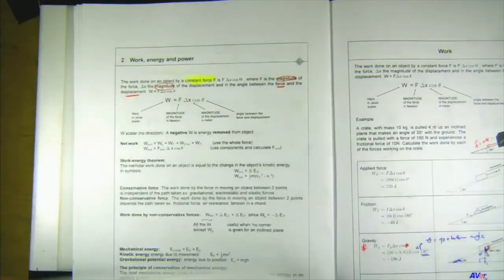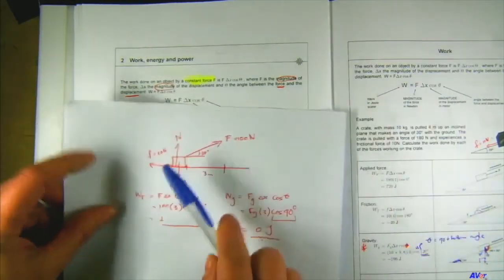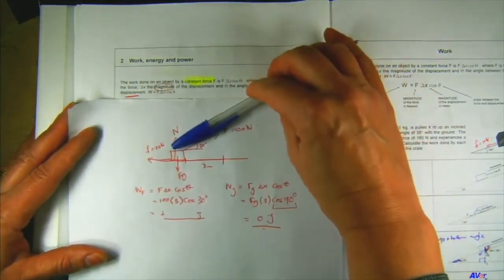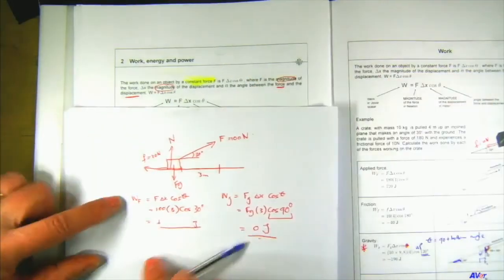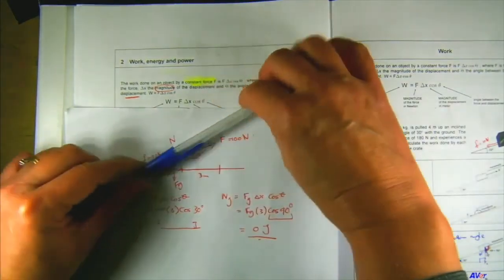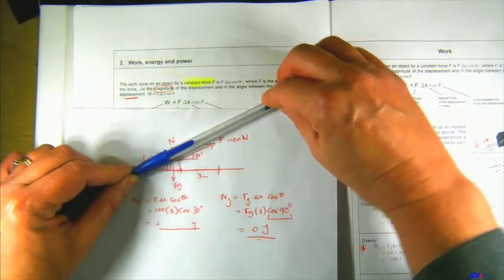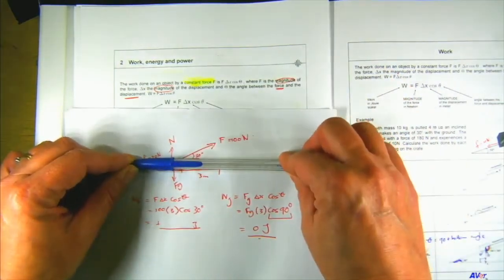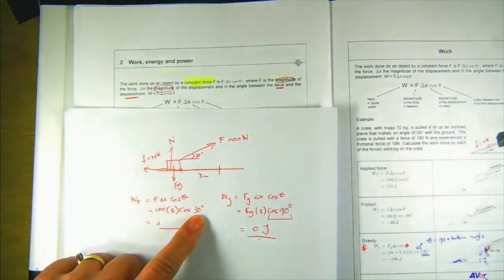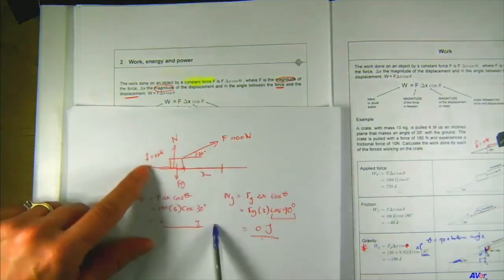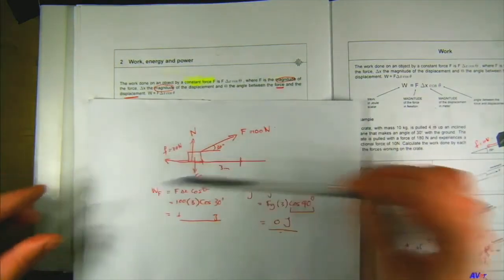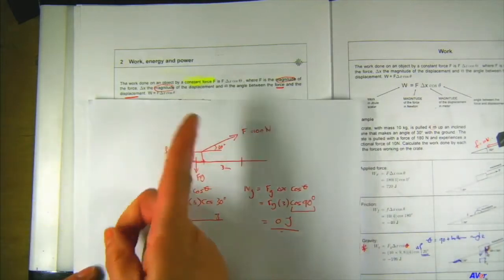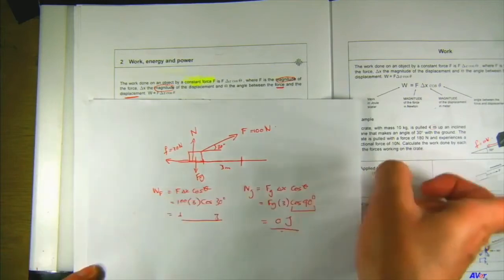Now, if you think back, when we had a horizontal plane with a force like this, we said if we work out the work done by the applied force, we put our pencil in the direction of the force and turn until we got to the displacement. So there you had to turn it 30 degrees. With friction, it's in that direction, so you have to turn it right over to the displacement.